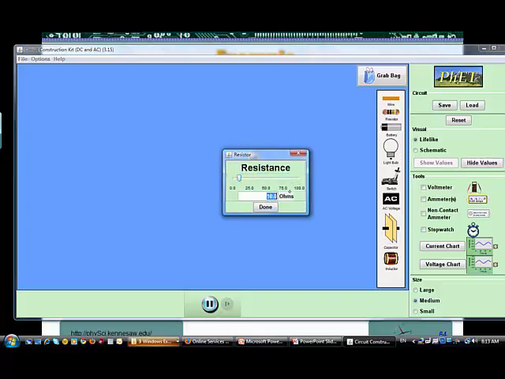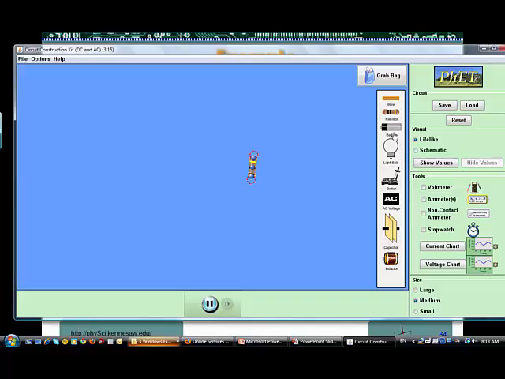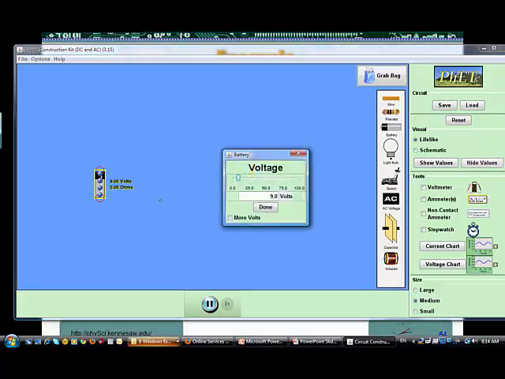So I'm going to change it to 8. And then I'm going to take a battery, also turn it around, and then I'm going to right click, change voltage. I'm going to set it at 24 volts.